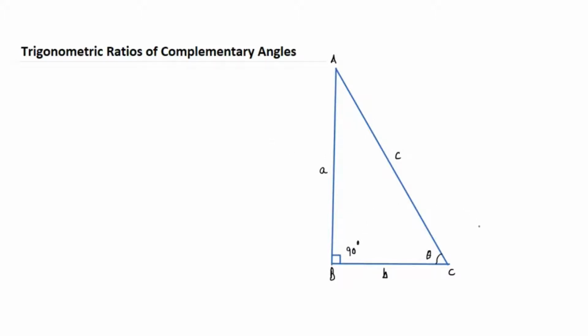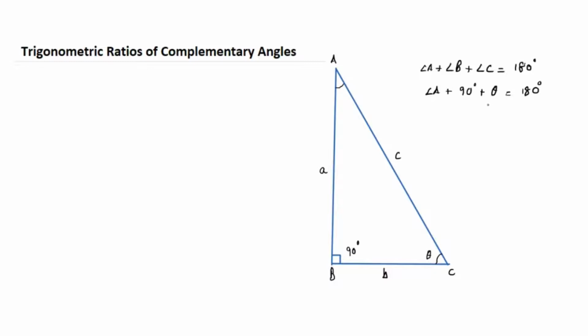Now, if this is 90 degrees and this is theta, obviously you can work out what this angle is. According to the angle sum property of triangles, we know that angle A plus angle B plus angle C is equal to 180 degrees. To find angle A, we know that angle B is 90 degrees and angle C is theta, so that should be equal to 180 degrees.